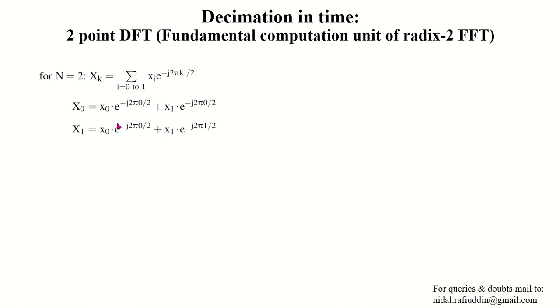If we expand this, we get the sequence x0 as this and x1 as this one. The exponential terms associated with X0 are e raised to the power 0 here, e raised to the power 0 here, and e raised to the power 0 here, so these can be reduced to 1. So we finally obtain the DFTs X0 and X1 as x0 plus x1, and X1 is x0 plus x1 e raised to the power minus j pi.